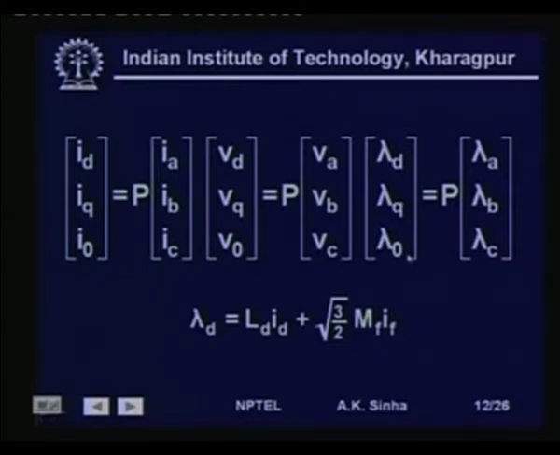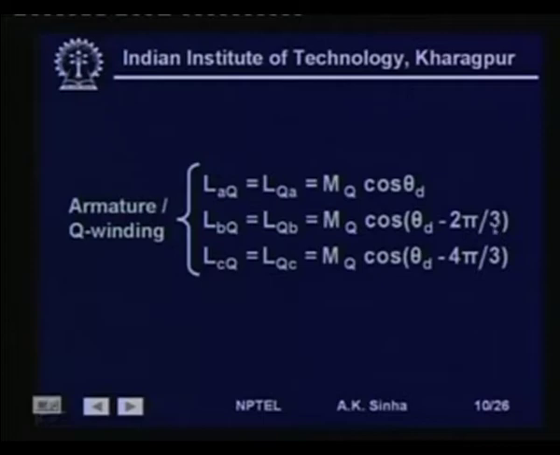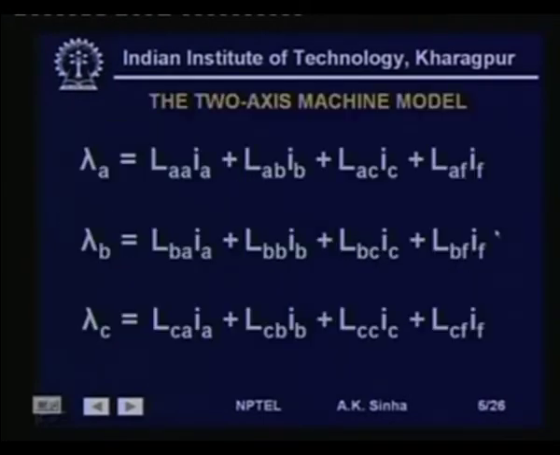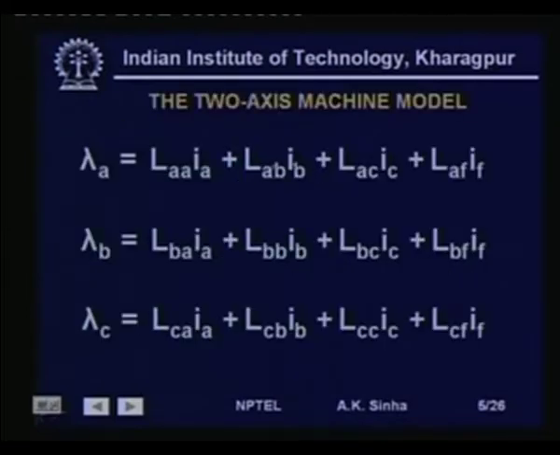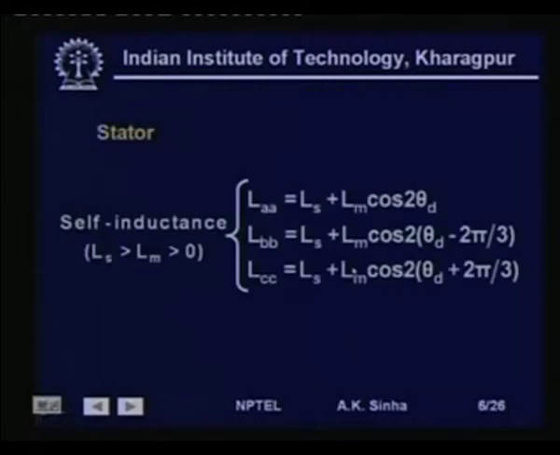Now, if we use this transformation, we have already seen the relationship for lambda A, lambda B, lambda C. If we substitute these relationships along with the values of the inductances LAA, LBB, LCC, etc.